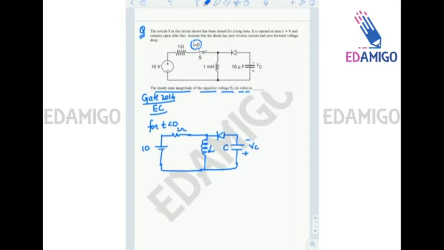Now for t less than 0, since this battery is pushing the current in this direction, that is, it will push the current in the right direction. Okay, but this diode will stop the flow of current because this is the N terminal and this is the P terminal, and since it is given that the diode has zero reverse current, no current will flow from N to P. Okay, and the whole current will flow through the inductance.